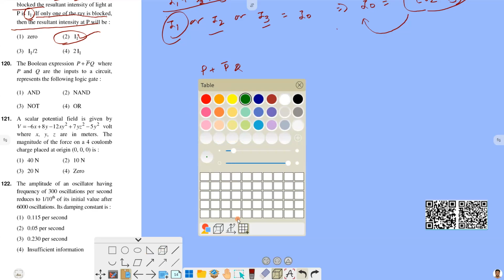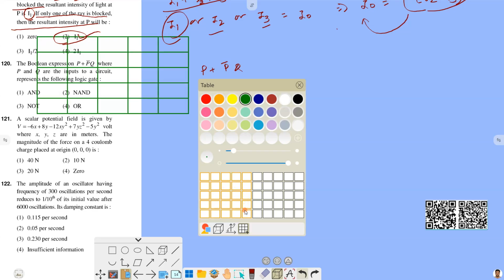I think we have a table option here, but we need 3 to 5, and yeah, this will work.